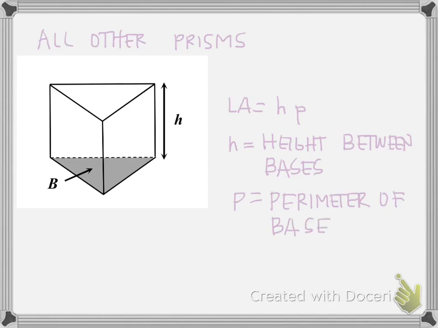So we're going to have to find that, and then we're also going to have to find the area of the base. The area of the base, we're actually going to be calling that B. So the surface area is going to be hP plus 2 times the area of the base.